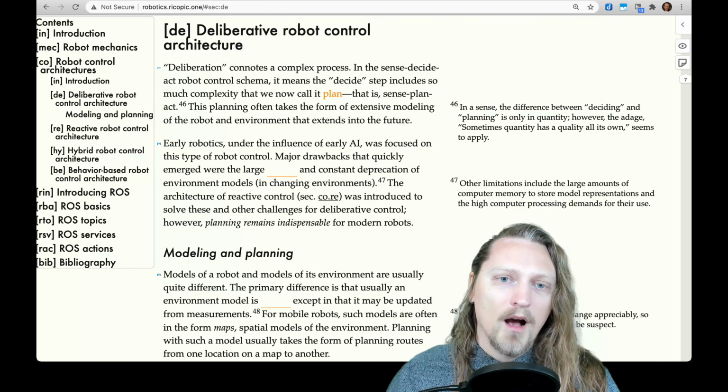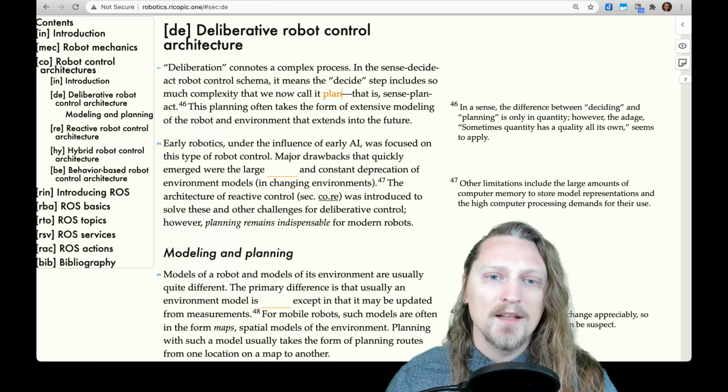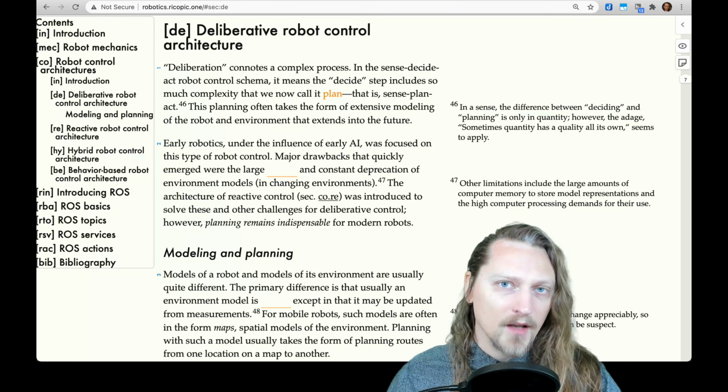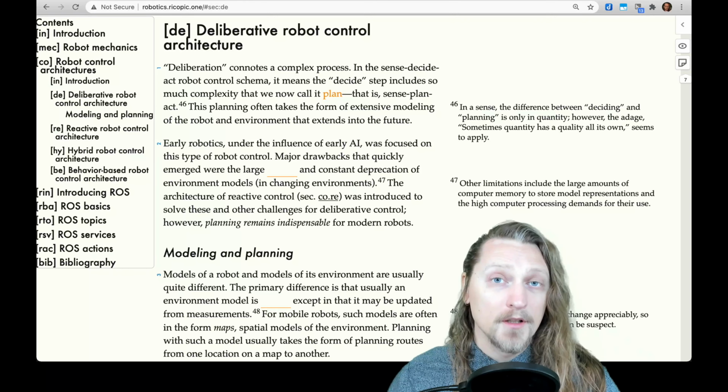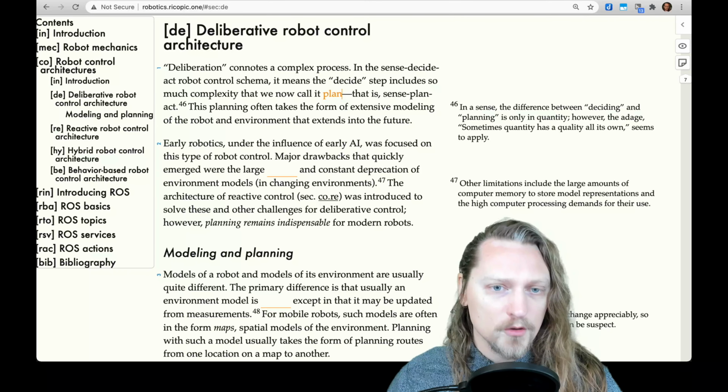This planning often takes the form of extensive modeling of the robot and environment that extends into the future. Early robotics, under the influence of early AI, was focused on this type of robot control.